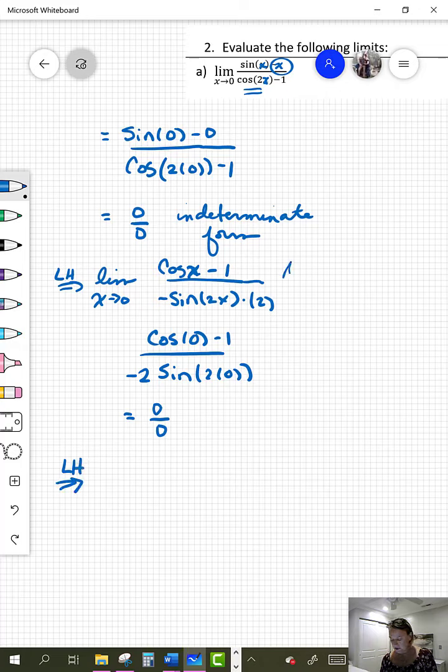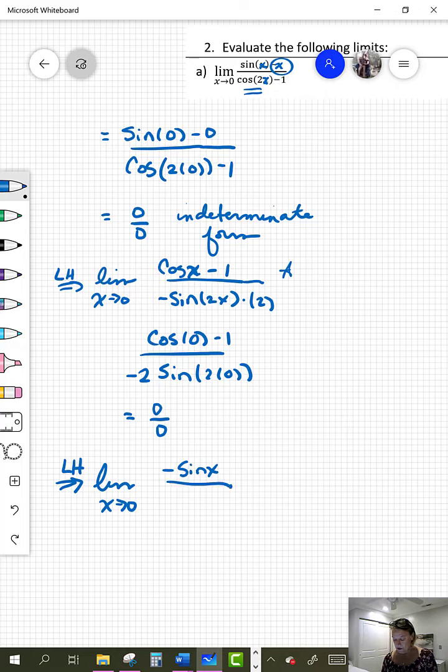Looking at the limit as x goes to 0, the derivative of cosine of x again is negative sine of x. The derivative of this 1 is 0, all over the derivative of negative 2 times sine of 2x.